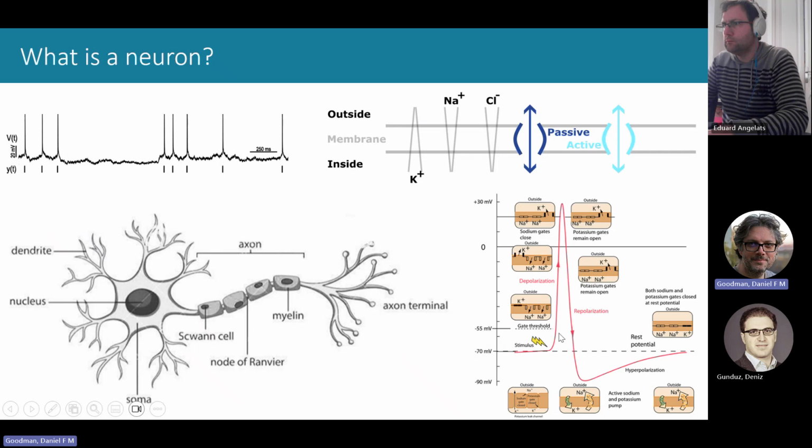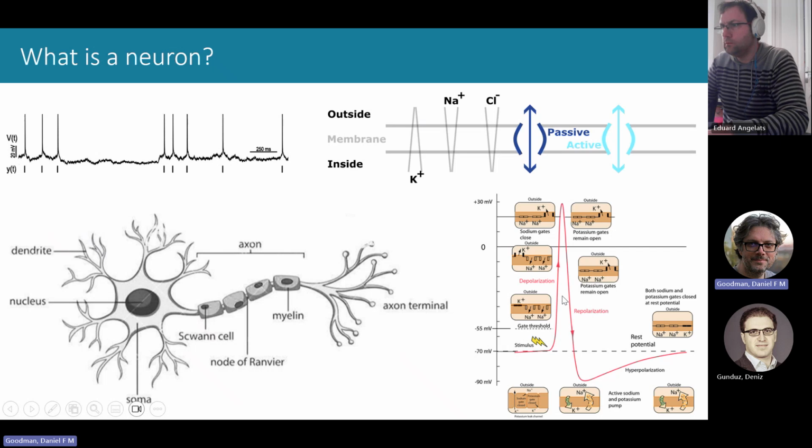So the key thing to know from all of this is that there's this key threshold: if the potential gets to the threshold, you will get a spike. And not only that, but this spike is entirely stereotyped. Once the spike starts, it always looks basically exactly the same, always has the same shape.